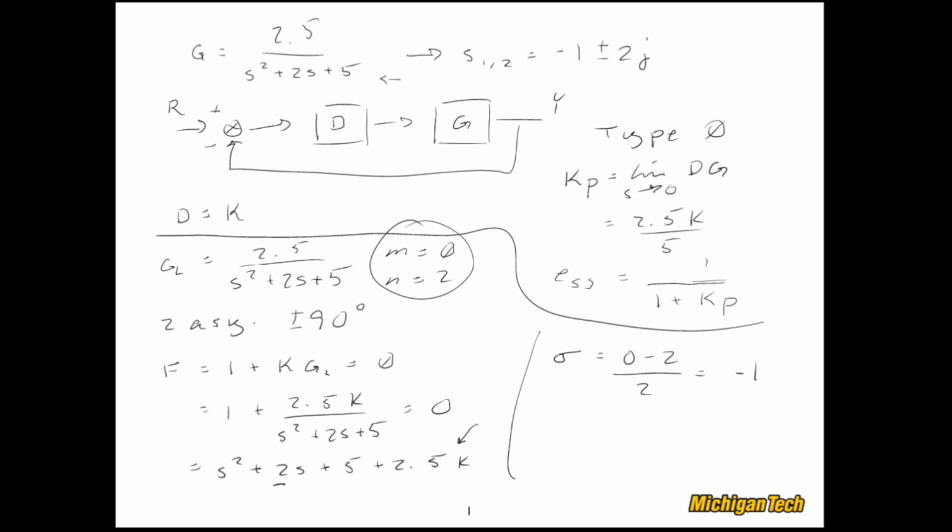Now I can actually sketch this root locus. I have asymptotes at plus minus 90. They intersect the real axis at -1. And the K equals 0 points, which are right here, are like so. So let's just do that. Just a very crude sketch to get the sense of this.